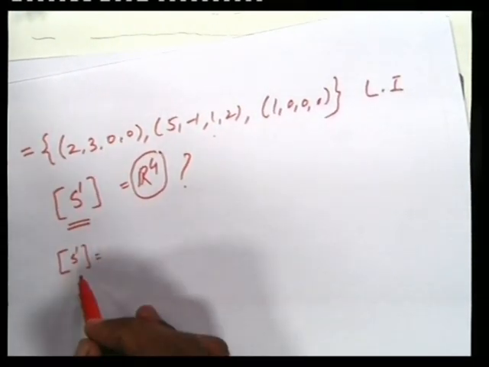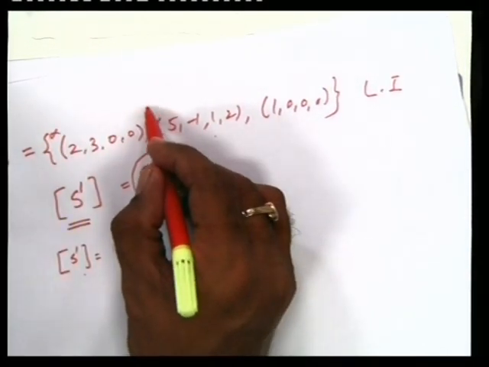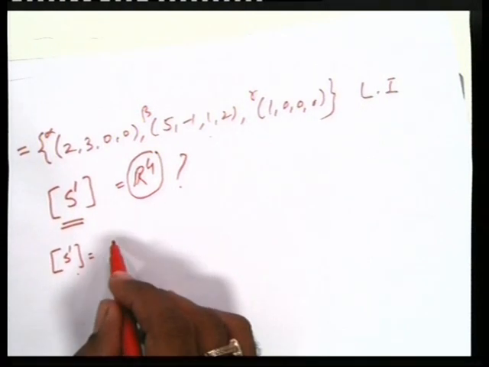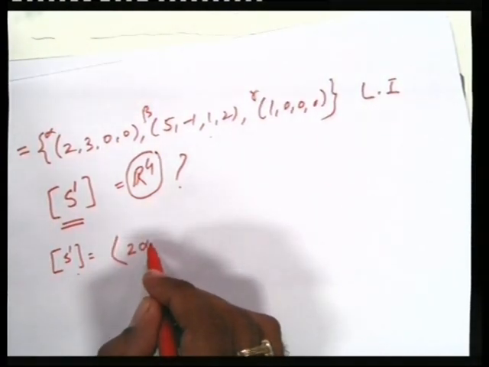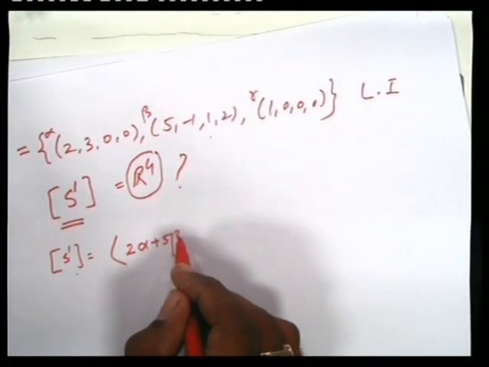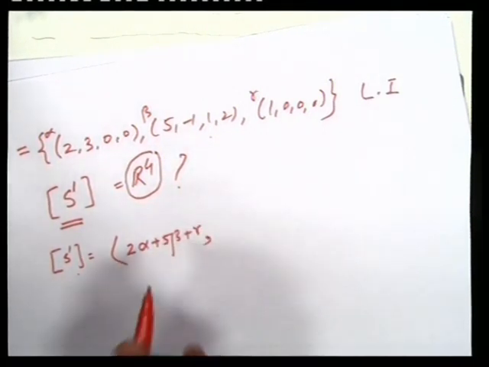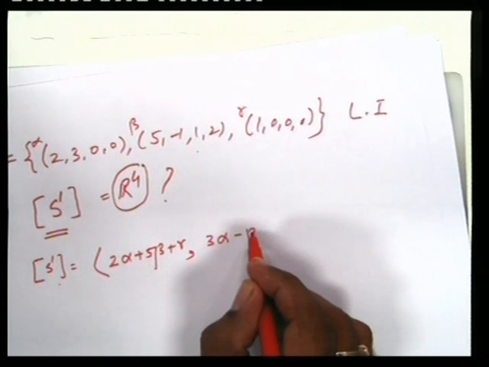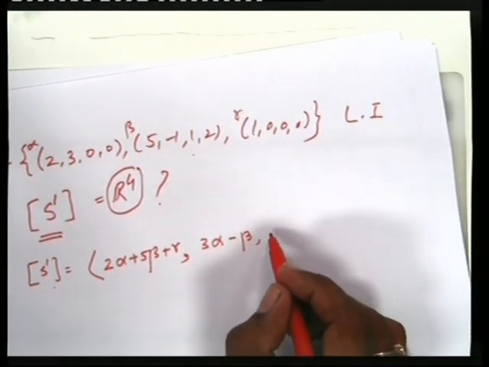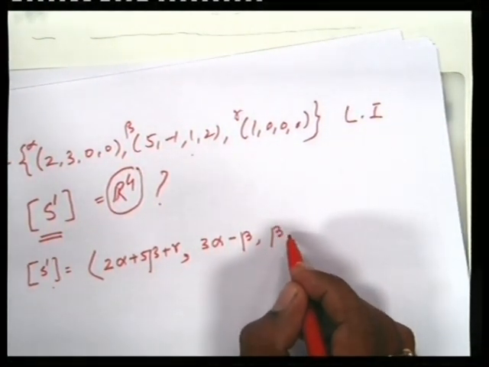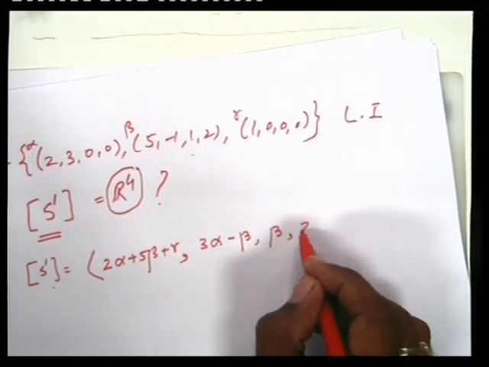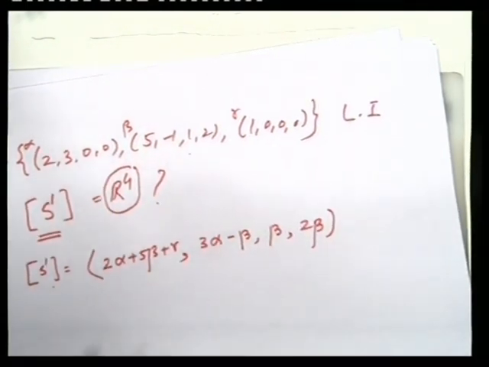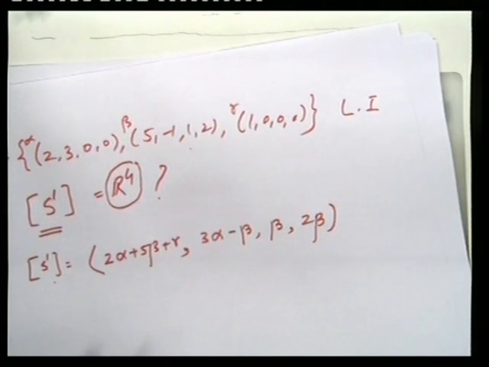Now the span of S dash will be like this. If we take the linear combination with alpha, beta and gamma, then we have 2 alpha plus 5 beta plus gamma as the first coordinate, then 3 alpha minus beta, then beta and 2 beta. This is the span of S dash.